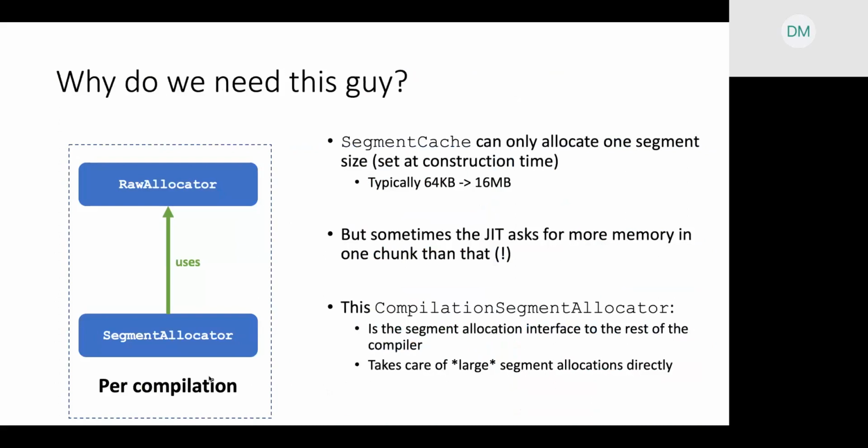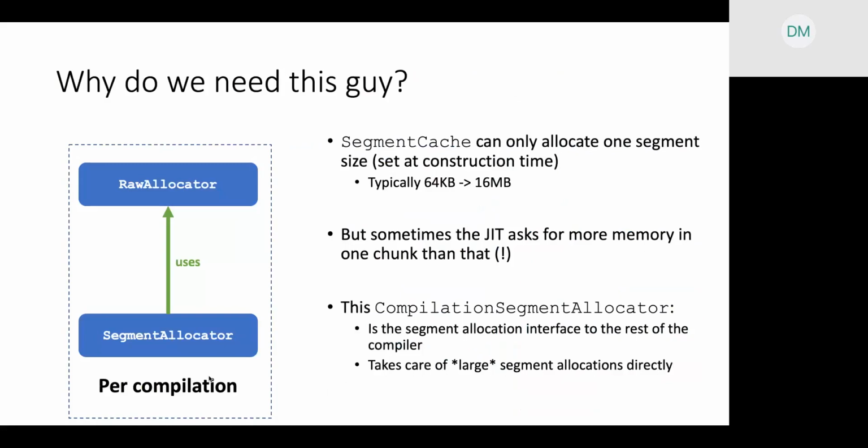So you might still be asking, if the segment caches can allocate segments, why do we need this first segment allocator on the left-hand side? The reason comes down to how segments get managed by the caches. The segment caches, as I mentioned briefly, only allocate segments of a particular size. And so if you end up having an allocation that's beyond that size, you still need some way to get that segment.